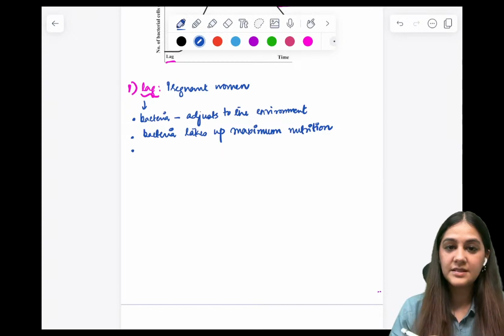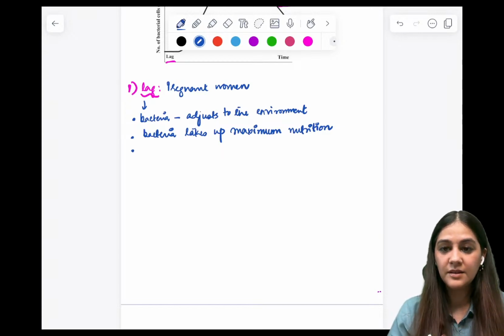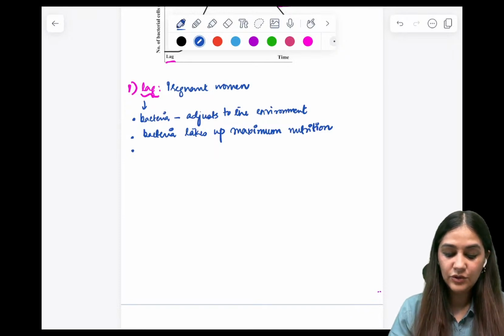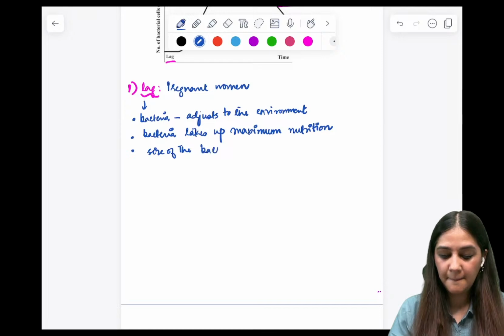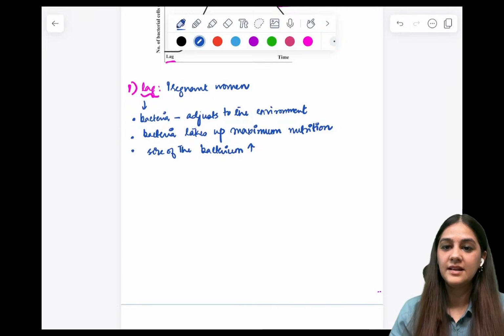Next, as the woman is growing in the pregnancy, the size of the woman also increases, right? So here also the size of the bacterium increases in this phase.